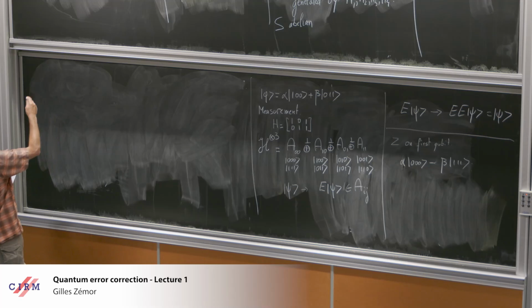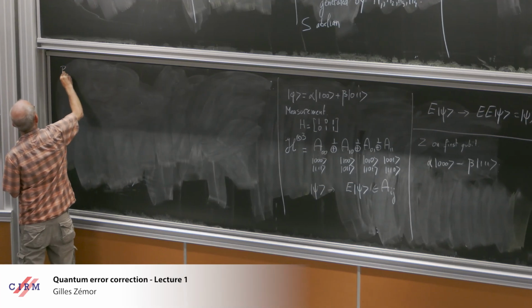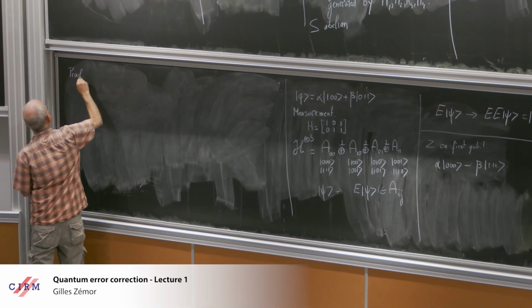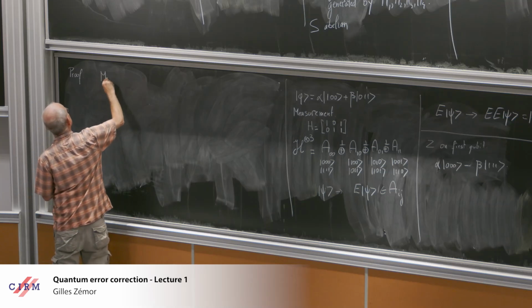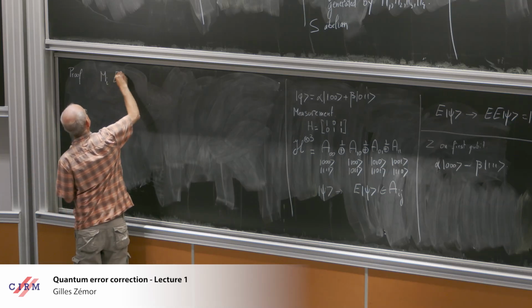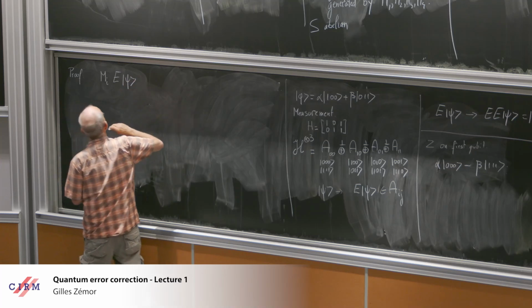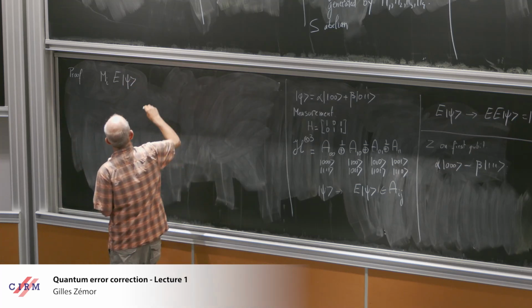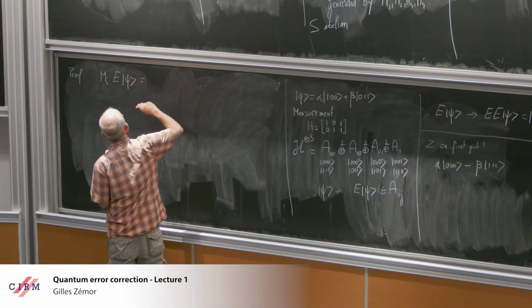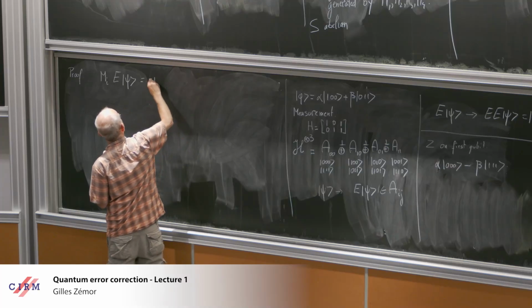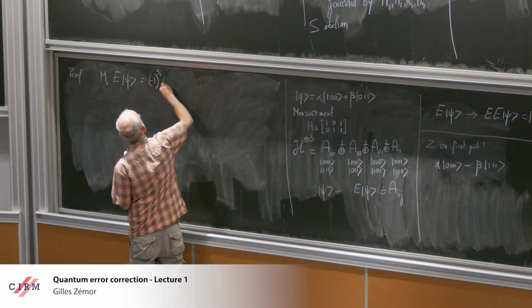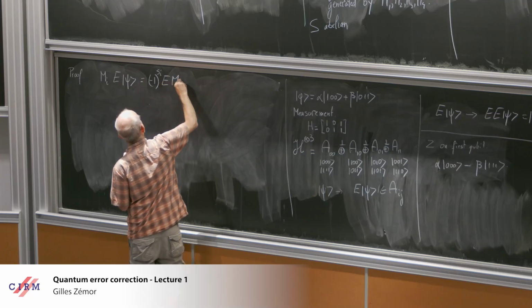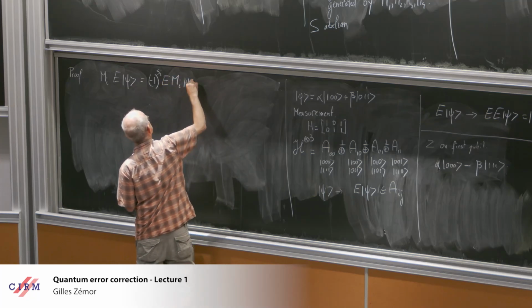So why do we have this? Proof is very simple. Apply Mi to E times psi. Well, by definition of Si, this is (-1)^Si times E times Mi applied to psi.